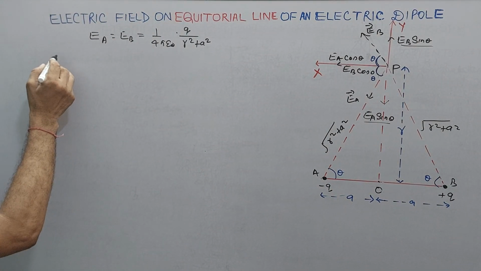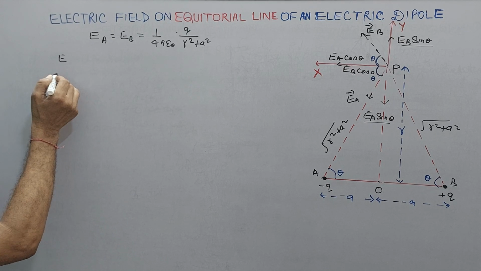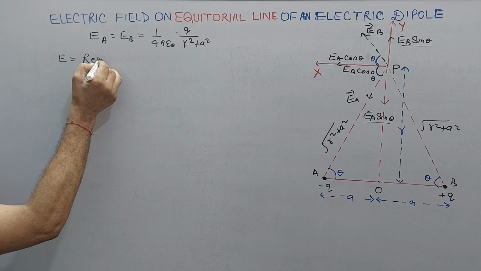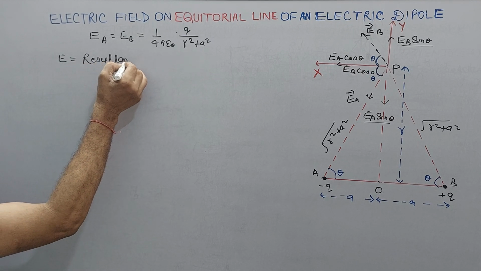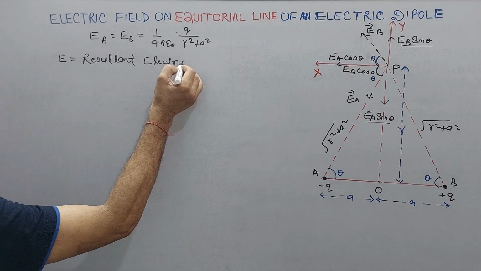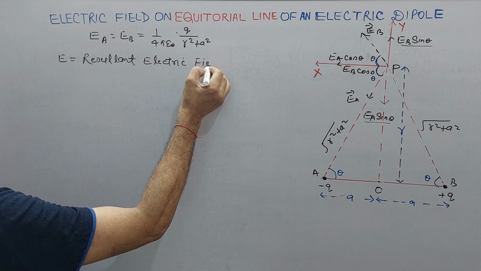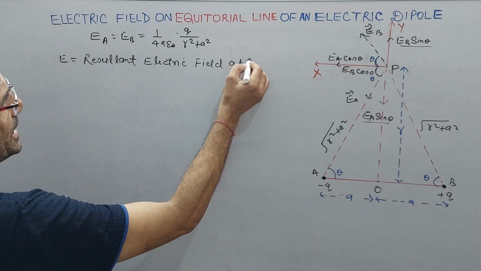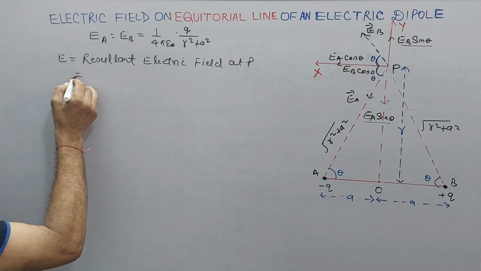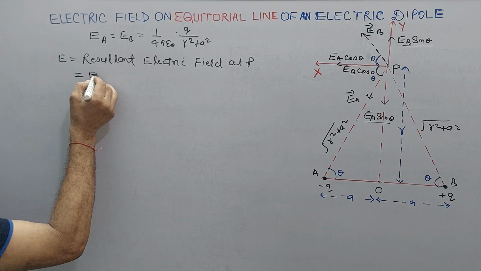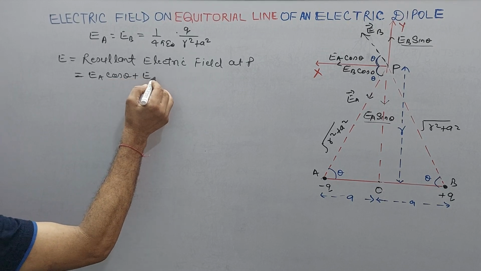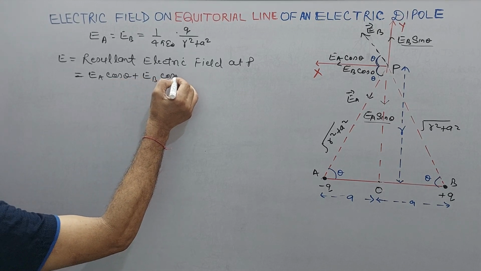Therefore, the resultant electric field at P will be EA cos theta plus EB cos theta.